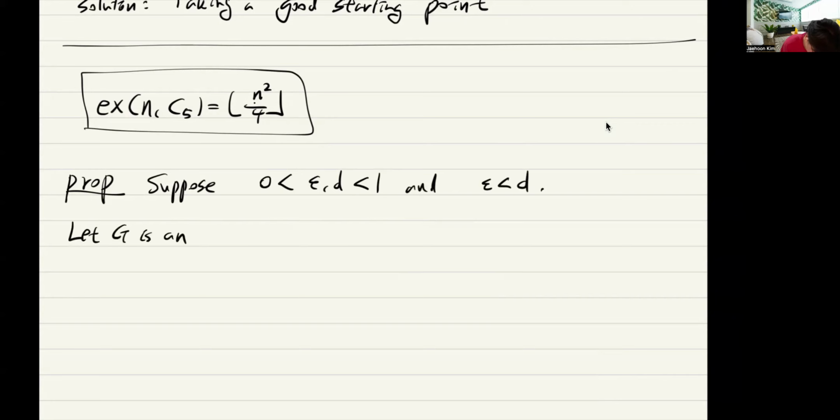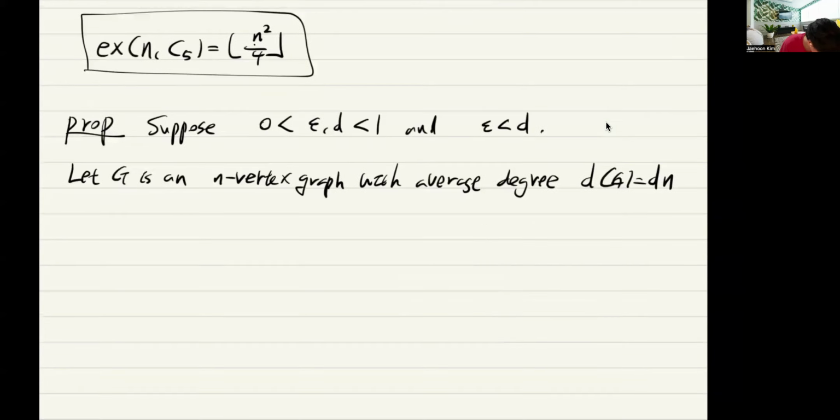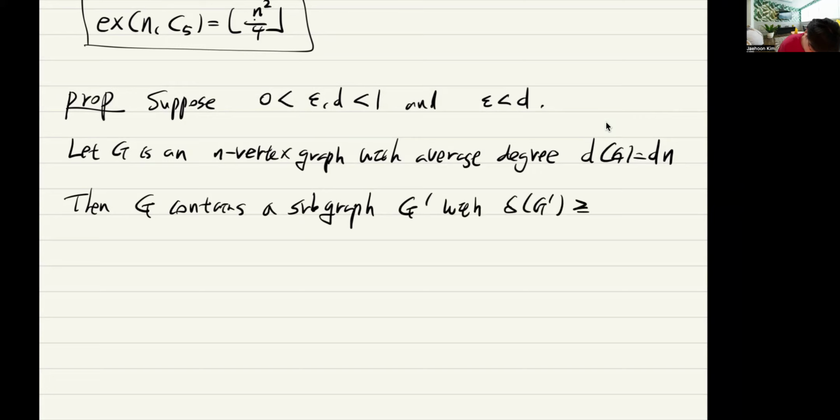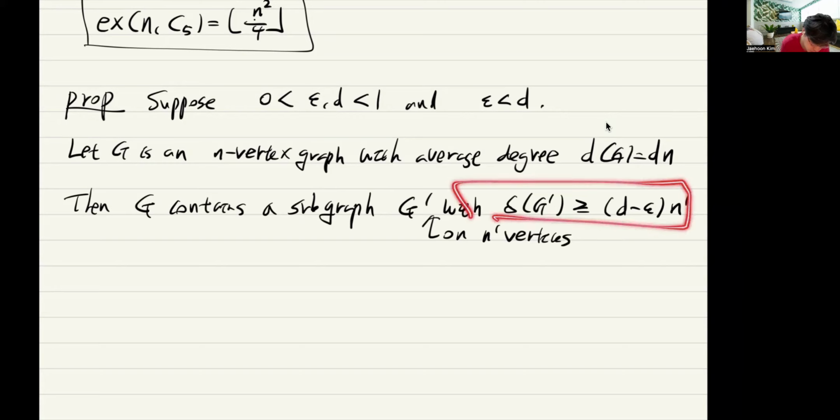And if G is an n-vertex graph with average degree dn, then G contains a subgraph G prime, say, on n prime vertices, whose minimum degree is at least a certain bound, which satisfies this minimum degree condition instead of a number of edges.